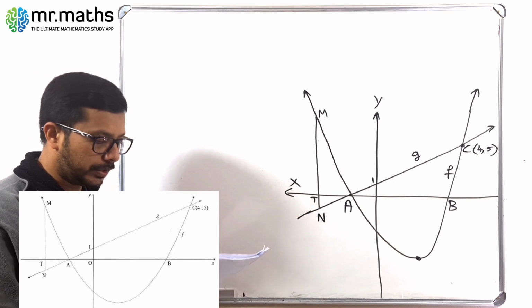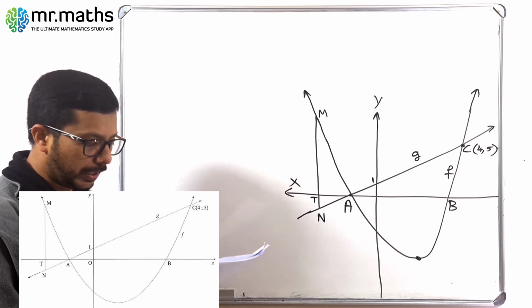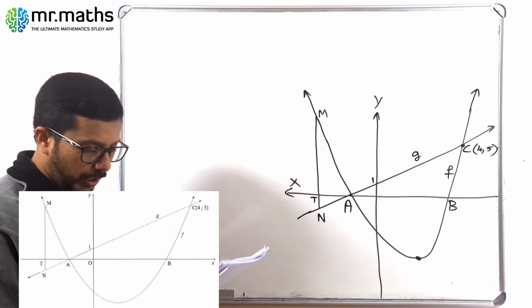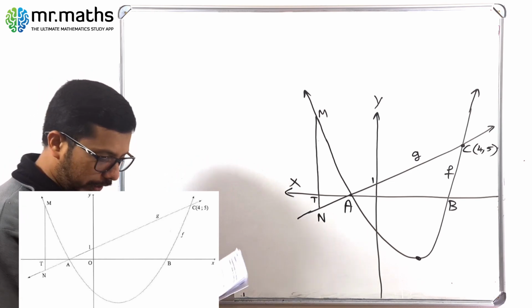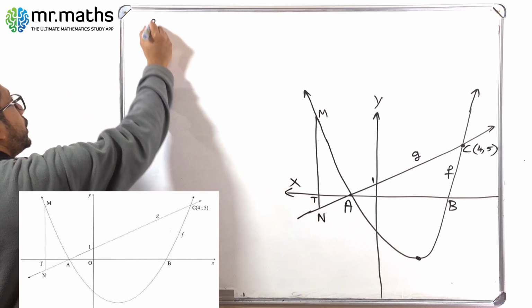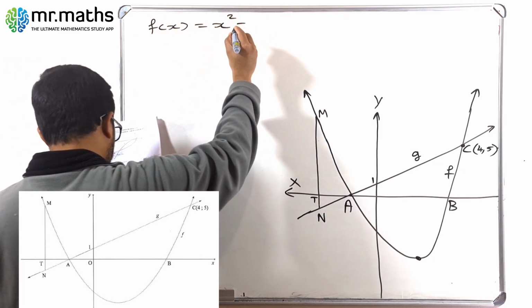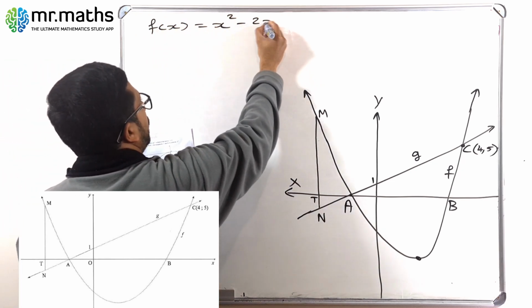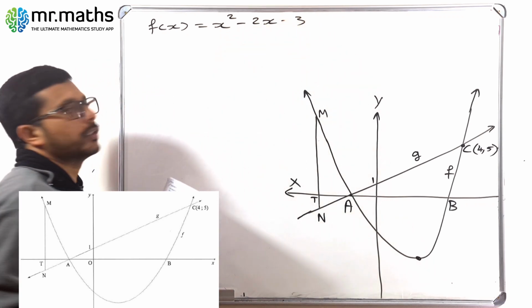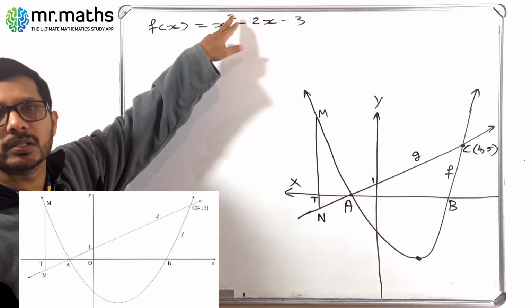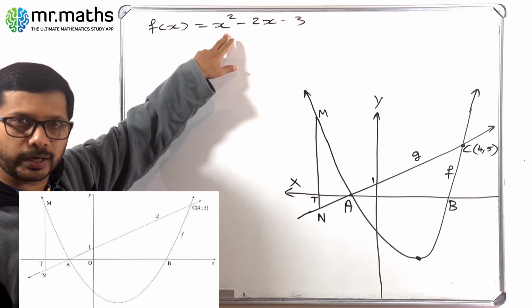Look at that sentence. In the diagram below, A and B are the x-intercepts of the graph of f(x) = x² - 2x - 3. So there is an equation, f(x) = x² - 2x - 3. So what type of equation is this? x² means it's a quadratic equation.